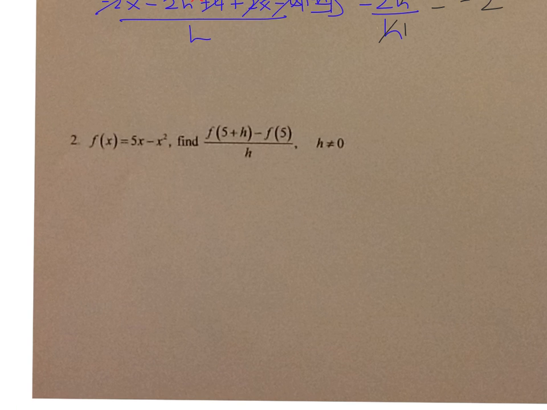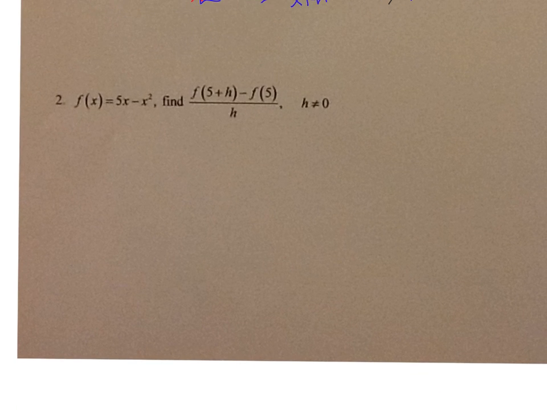All right, so let's take a look at number 2. So I have f of x is equal to 5x minus x squared. I have f of 5 plus h minus f of 5 over h. So I have an input, this is an input, and an input. Okay, so wherever I see an x, to start off with, it's going to be 5 plus h.